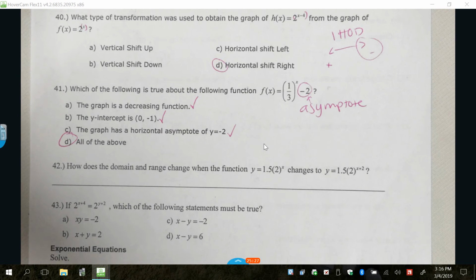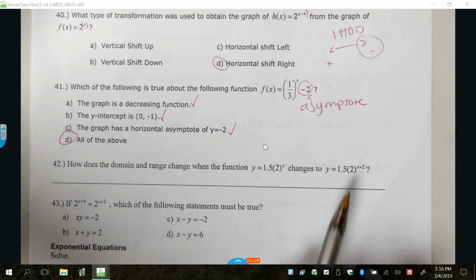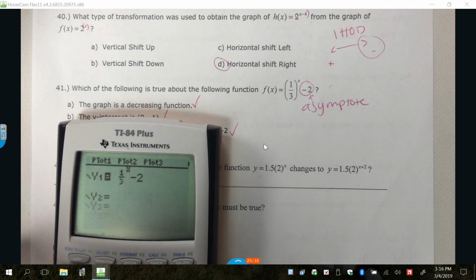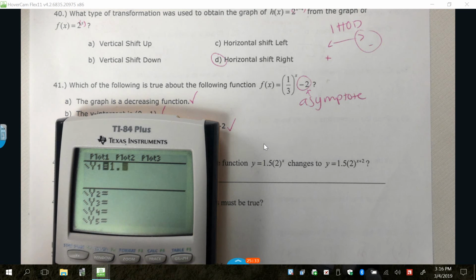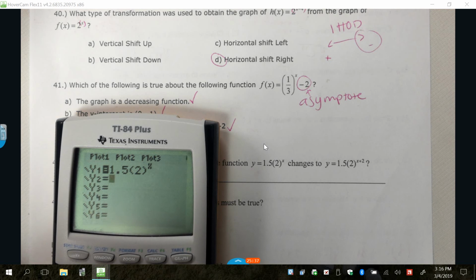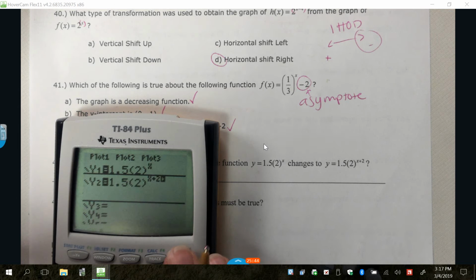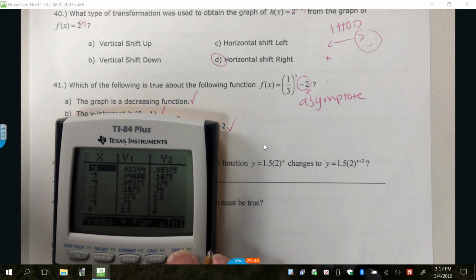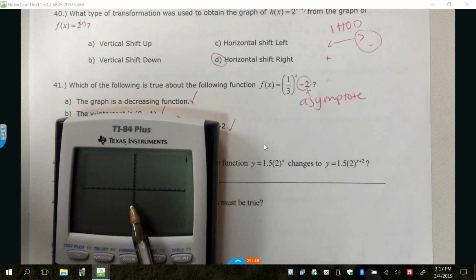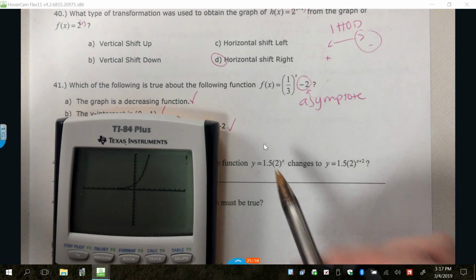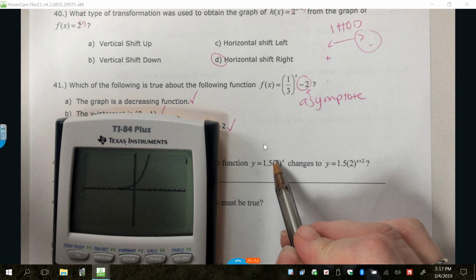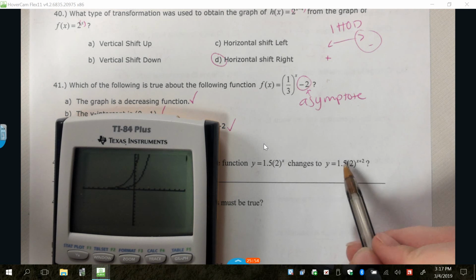Okay. How do the domain and range change from this function to this function? So let's look. 1.5 times 2 to the x power, and 1.5 times 2 to the x plus 2. I'm just going to hit graph. So here's the first one, and then here's the second one.